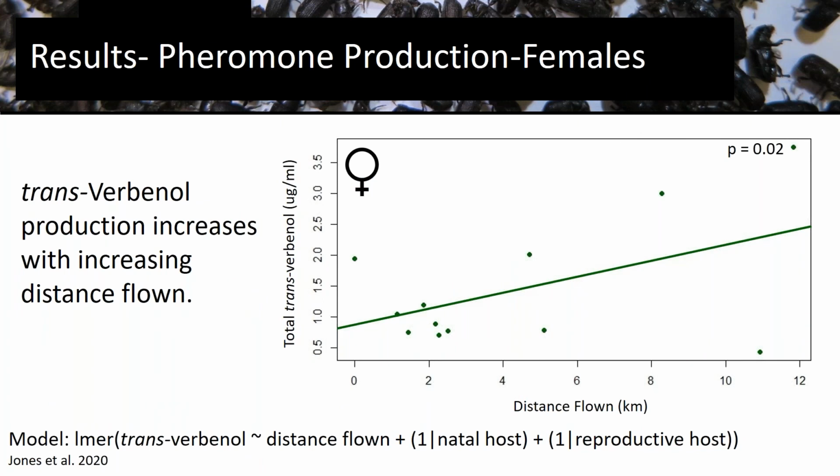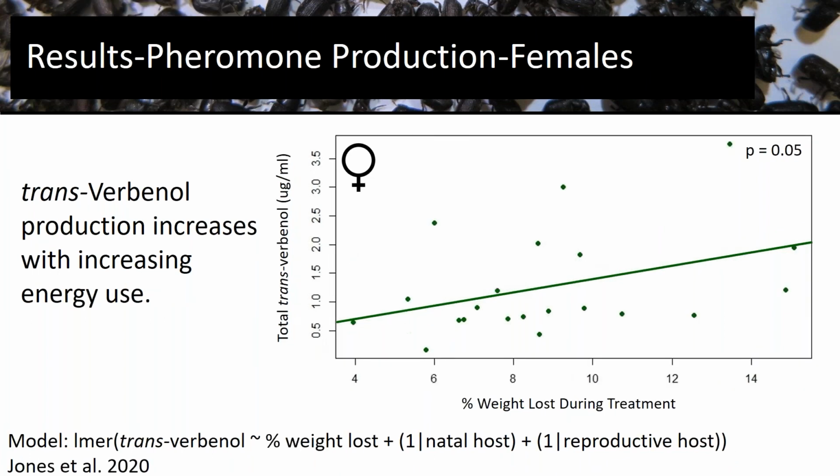What Kelsey found was that female trans-verbenol production actually increases with distance flown by females. This increased pheromone production with flight appears to be driven by energy use, as trans-verbenol production increases with weight loss during treatment.